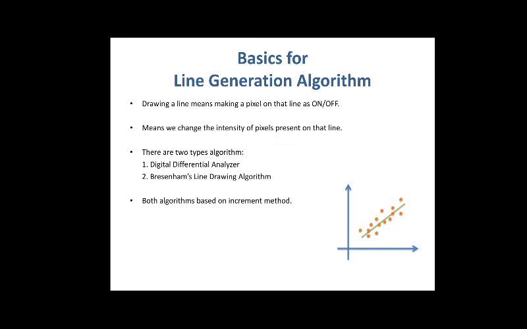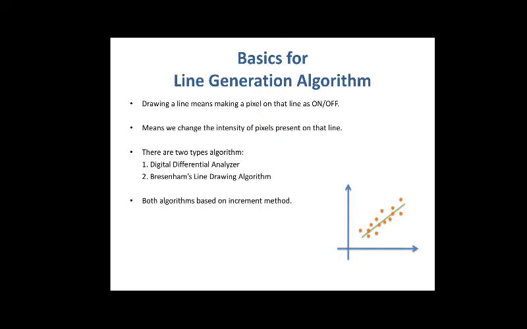Now what are the basics required for the line generation algorithm? In our syllabus we are given the DDA line generation algorithm and Bresenham's line generation algorithm. But before starting line generation we should know the basic concepts, like the different slope formats, how we calculate the slope, what a gentle slope is, and so on.